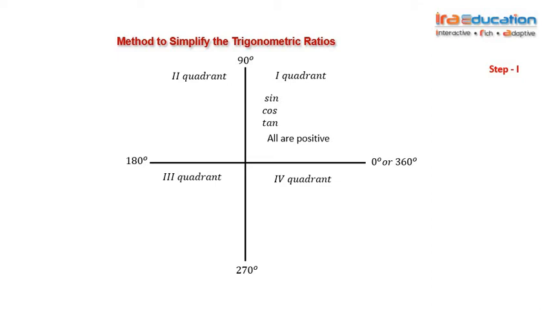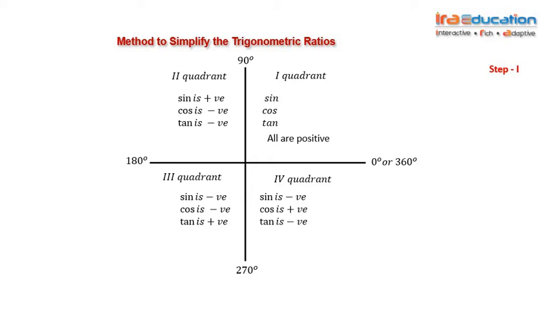In second quadrant, sine and cosecant are positive, other trigonometric ratios are negative. In third quadrant, tan and cot are positive, other trigonometric ratios are negative. In fourth quadrant, cos and secant are positive, other trigonometric ratios are negative.